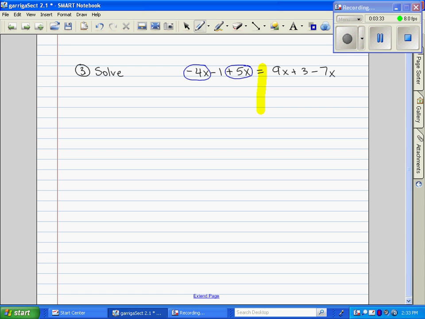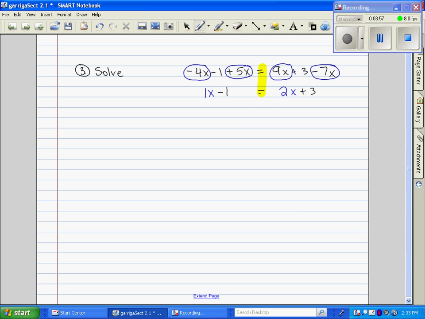So when I combine those, I get 1x. And then I bring down the minus 1 from above. On my right-hand side, 9x and negative 7x are like terms, so when I combine them, I'm going to have 2x, and I carry down plus 3.